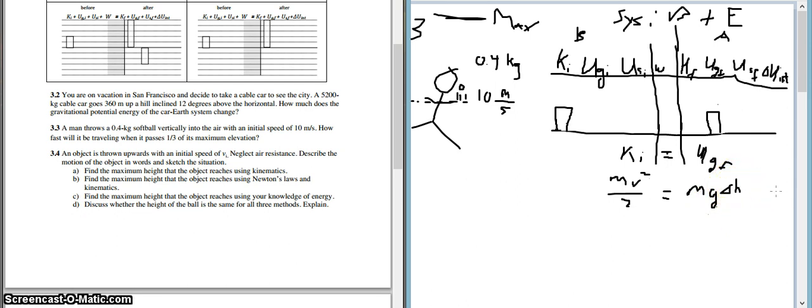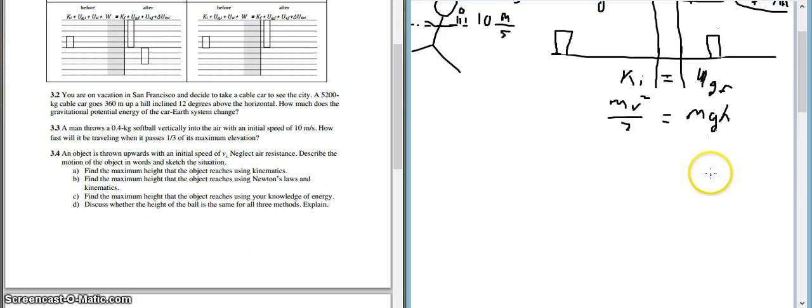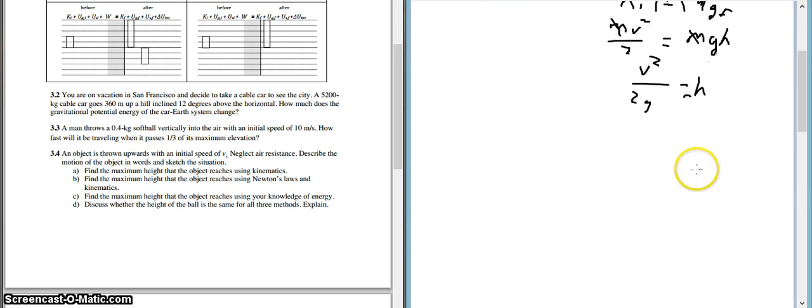However, since delta h is just hf minus hi, and hi is 0, that means delta h is just hf, and hf is the max height, so we'll just call that h. Now, this is what we're looking for, the max height. So we can cross out m, because they're on both sides, and we'll divide by g on both sides. So v squared over 2g is equal to the max height.